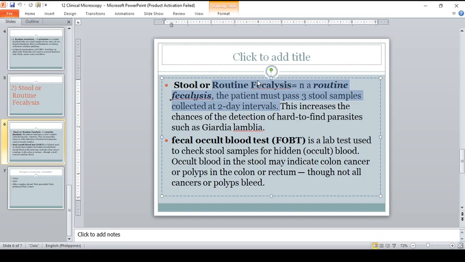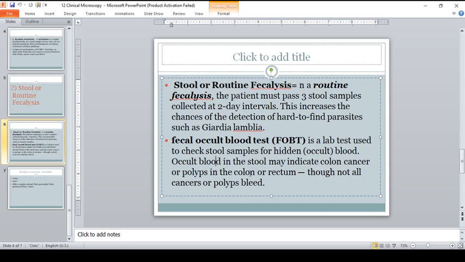Another test, that is the fecal occult blood test or the FOBT, a lab test used to check stool samples for hidden or occult blood. Occult kasi, that means hidden, okay? So, occult blood in the stool may indicate colon cancer or polyps in the colon or rectum. Though not all cancers or polyps bleed. So, here in fecal occult blood test, it will test for the presence of blood.